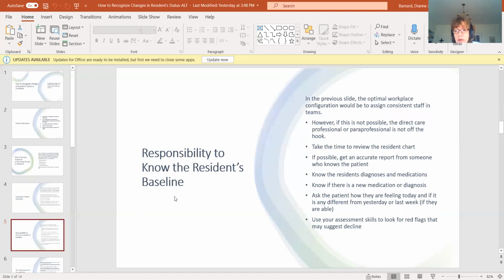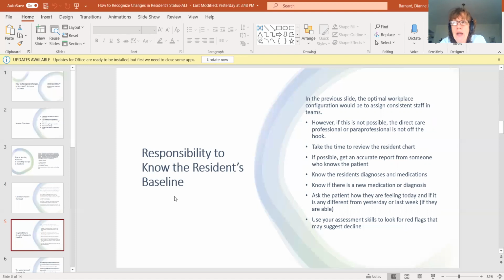So you have a responsibility to know your resident, patient, consumer baseline. You cannot possibly give good care if you don't know and understand what care is needed to give this patient the best care. If the patient has a history of constipation, then you should know without looking when the patient's last bowel movement was. You could go look it up, but really, if that's the care you're providing, it should just be in your mental mindset when you go to look for this patient.